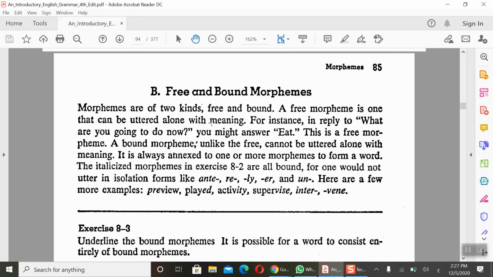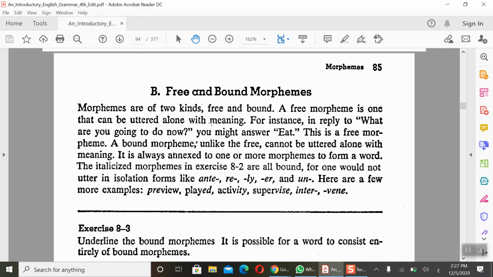It is a word that has meaning. A free morpheme, for example: play, write, eat, go, dream. All these are what? Are morphemes. What kind of morphemes? They are free. No addition. Free. Okay? Alone.